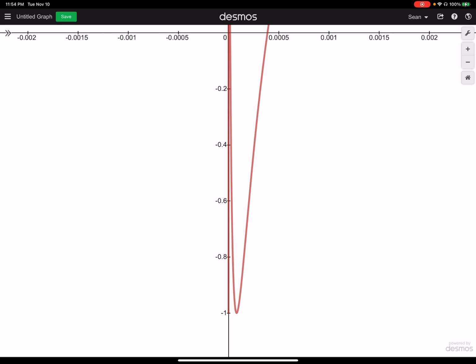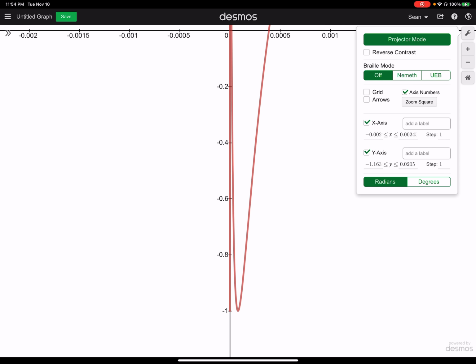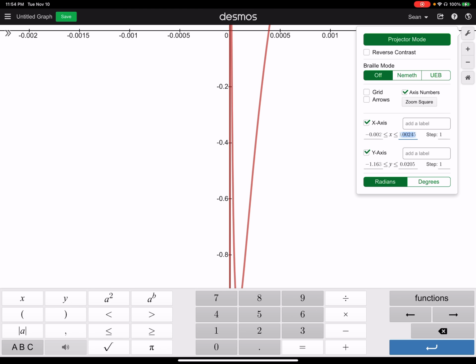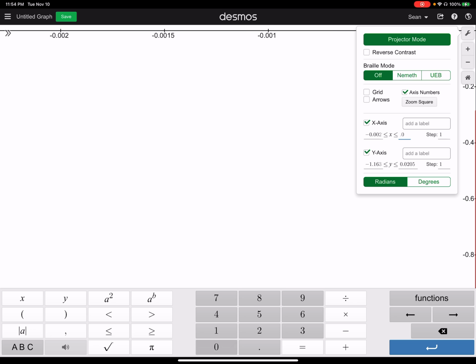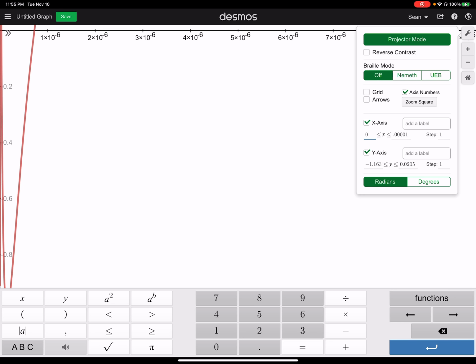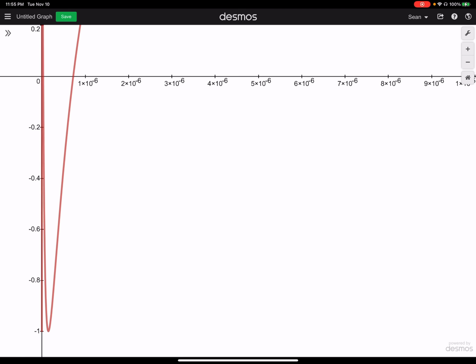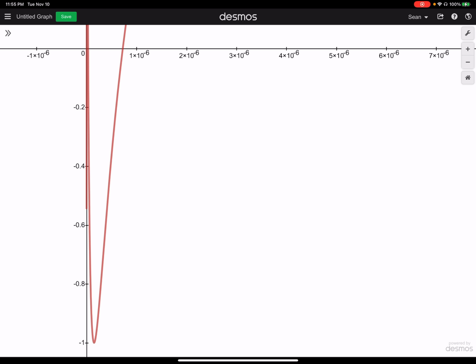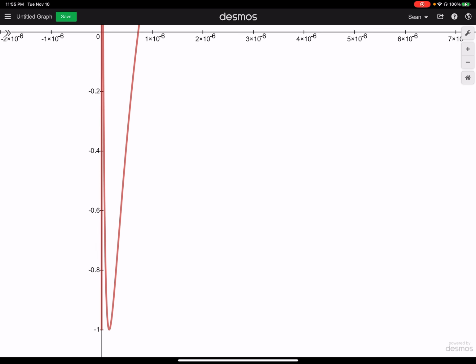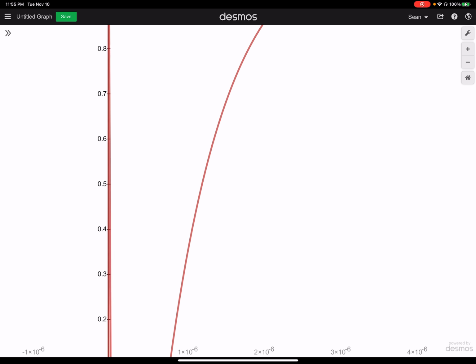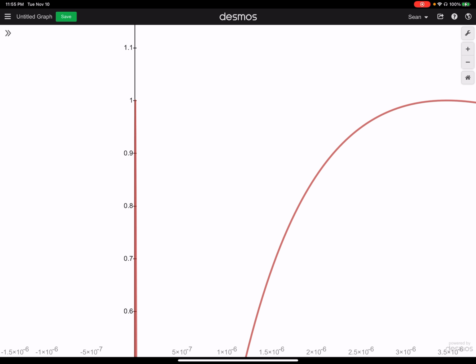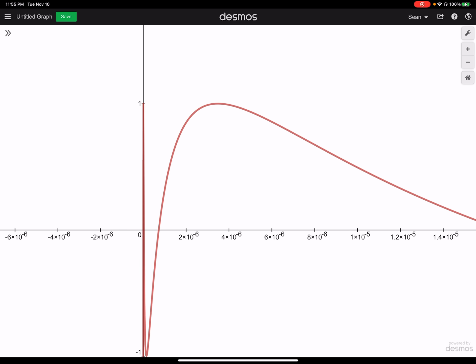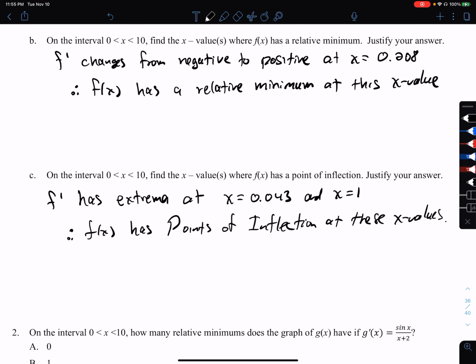I need to zoom in more. Let's go 0.00001. Here, let's just go 0. All right, so I guess not too much is happening. I don't know what's happening up here. It's too hard to tell, quite frankly. So forget that I even mentioned it.